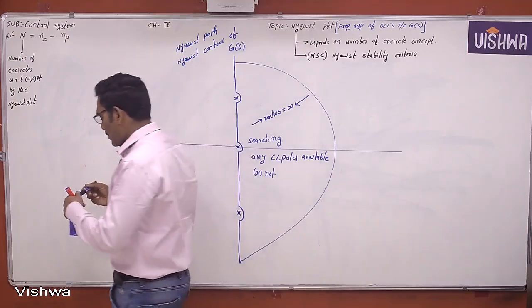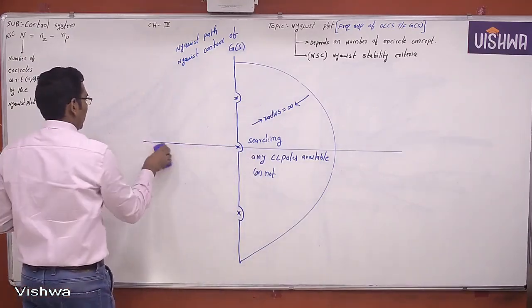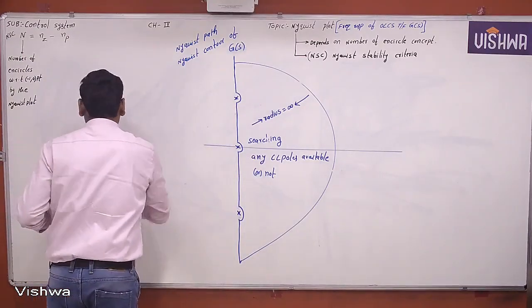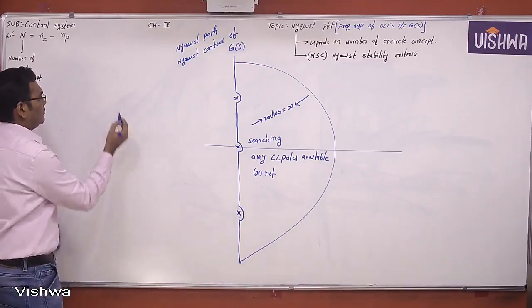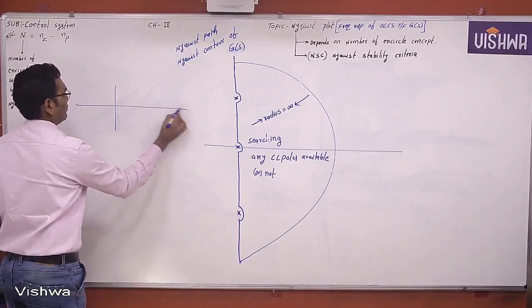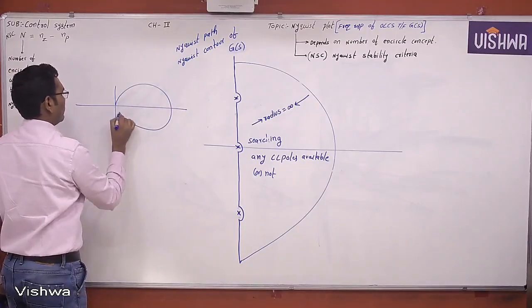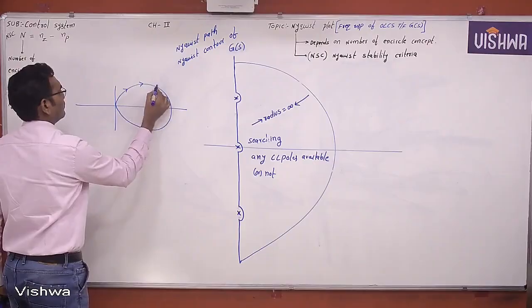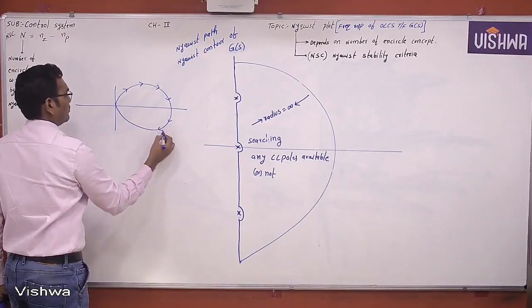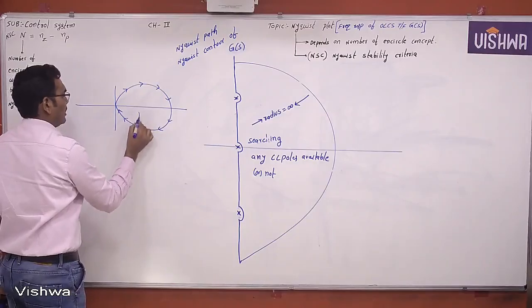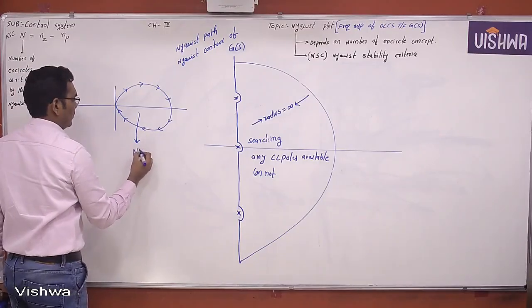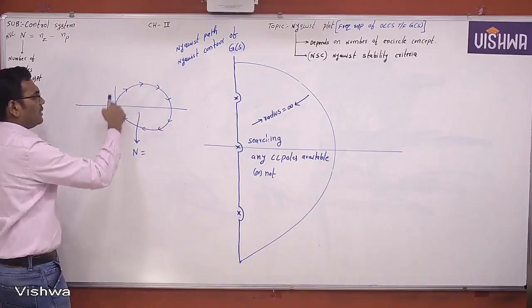Now let us take one small example so that you can easily understand. My question is, what is the number of encirclements?